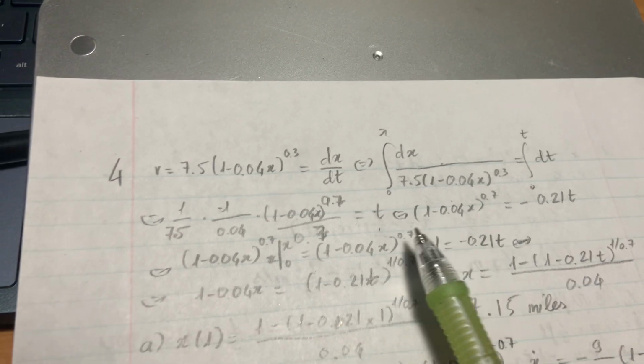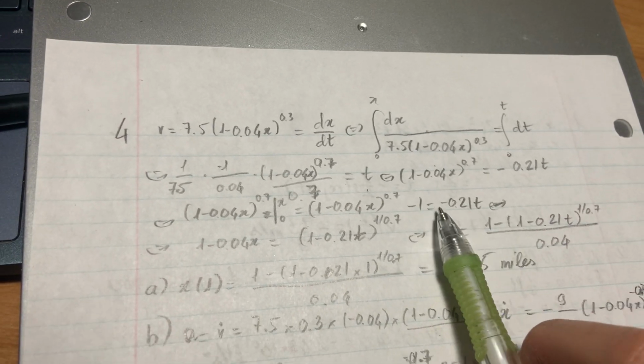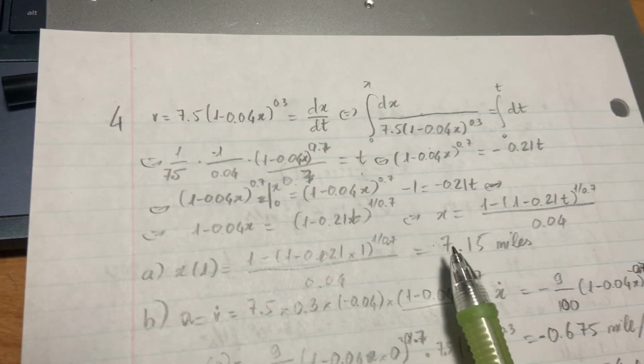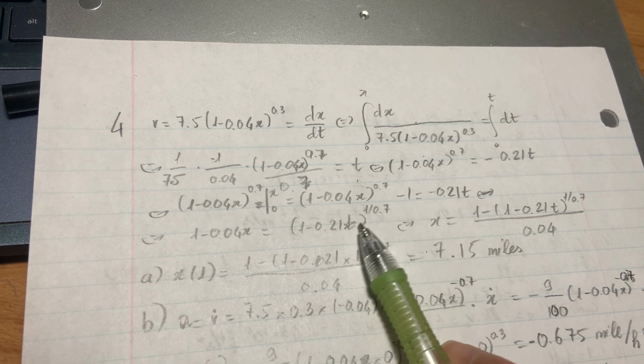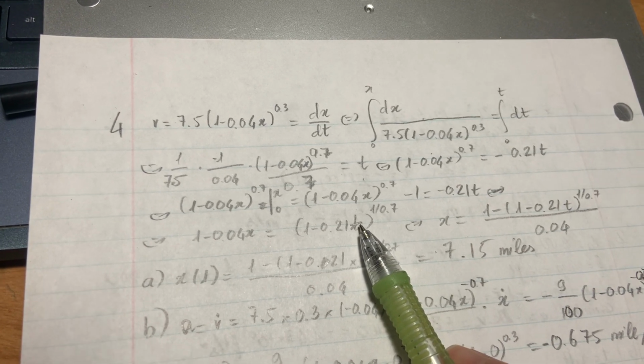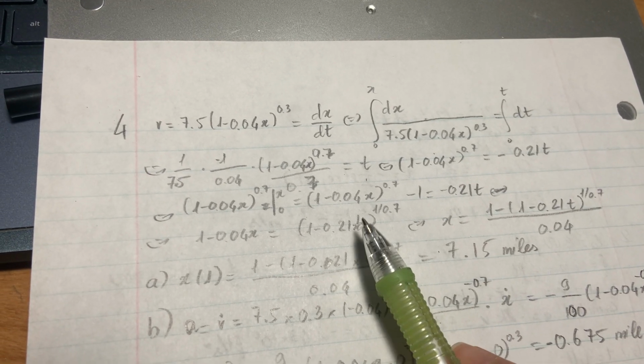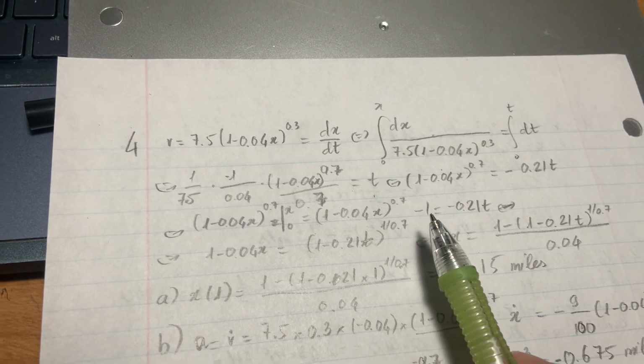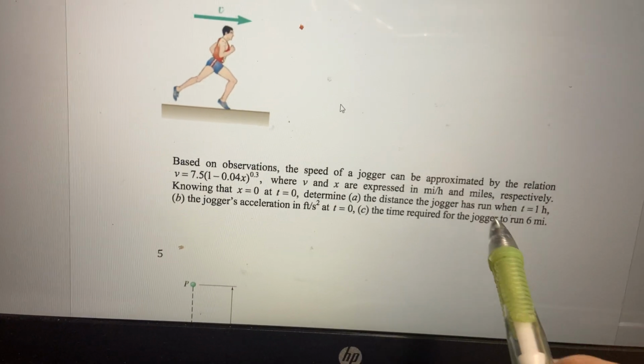We can find t. Okay, and we already know that over here t equals 1.